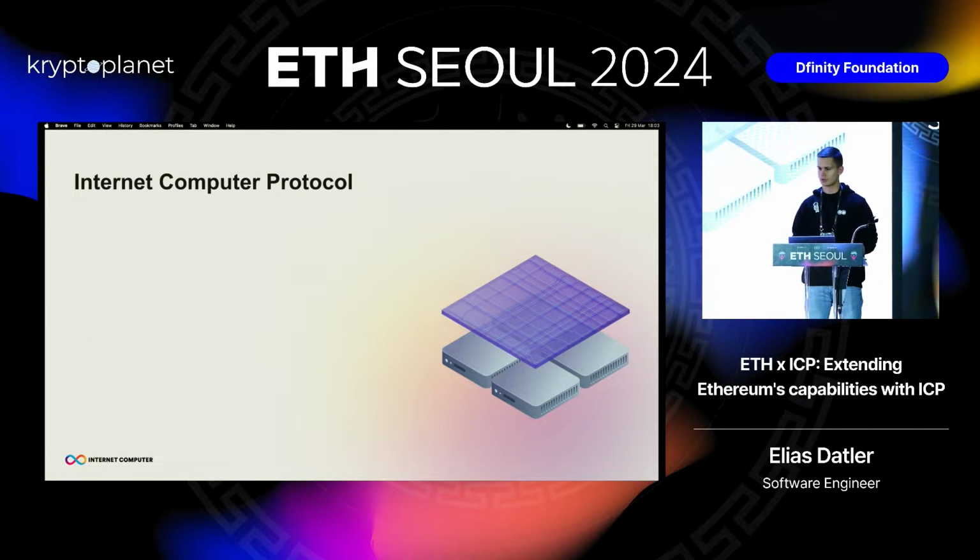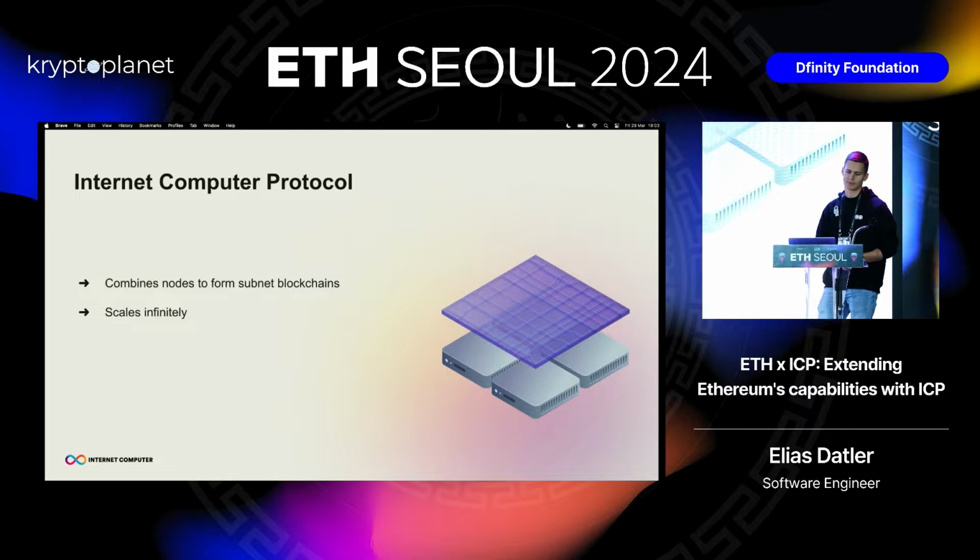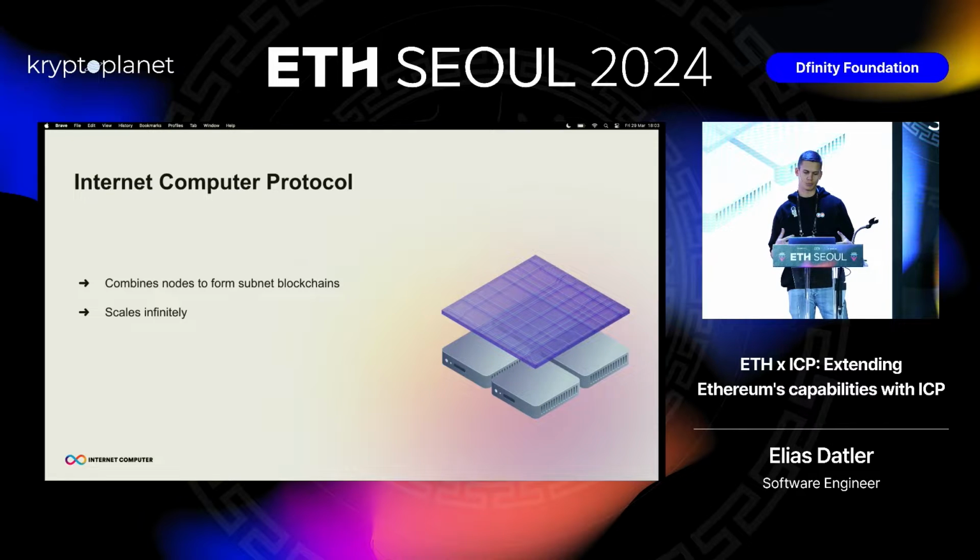Now, on top of those nodes, we run what's called the Internet Computer Protocol, or ICP. What it does, it combines several nodes to form what we call subnet blockchains. And with this architecture, the internet computer can scale infinitely. If more users come online, we need to host more smart contracts.